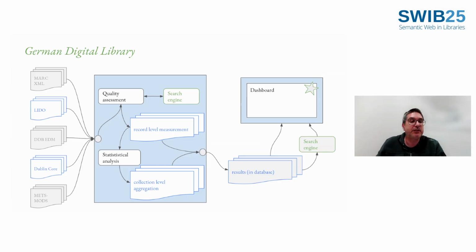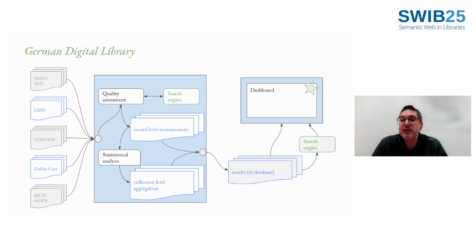The first one is German Digital Library, shortly DDB, an aggregator of almost 1,000 cultural heritage organizations in Germany. The Shacl4Bib supported quality assessment process intends to support the validation of incoming records that the partner institutions submit to the database.